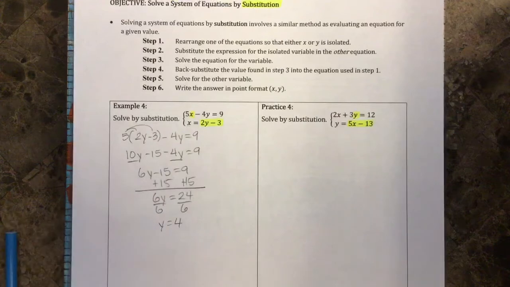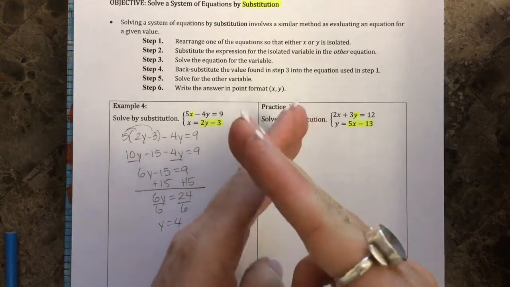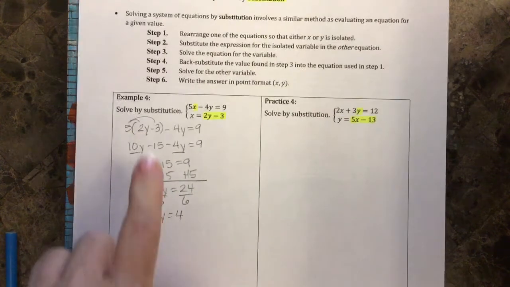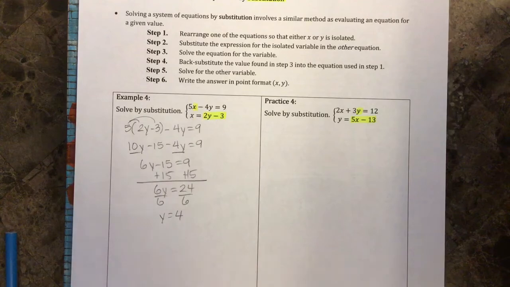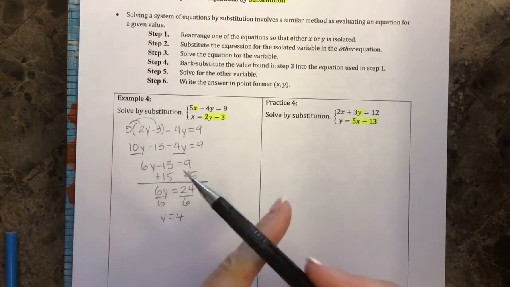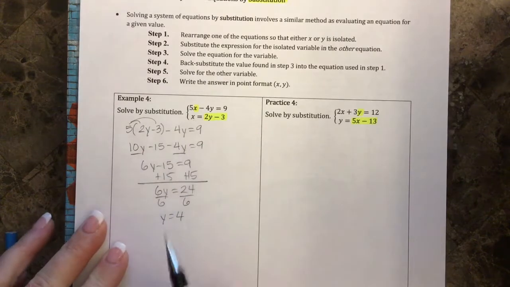All right, now remember what I'm doing here is I'm actually trying to solve where do these lines cross, if ever. And so I noticed that if my y value is 4, if I put 4 in for y, it'll work for both equations. But I want the point, I want the final answer, the intersection of these two lines. So I need to find x.